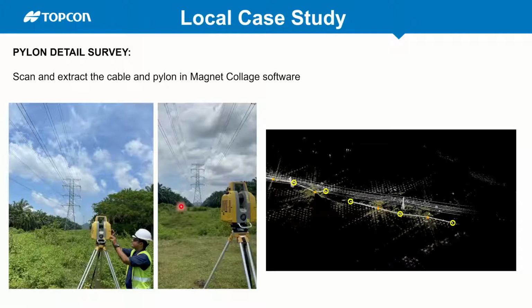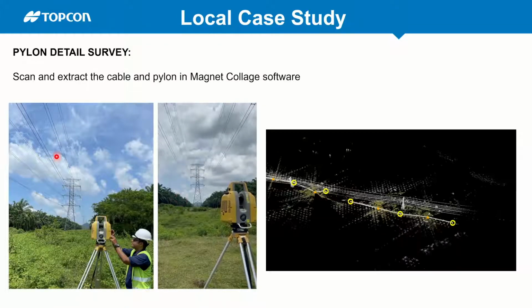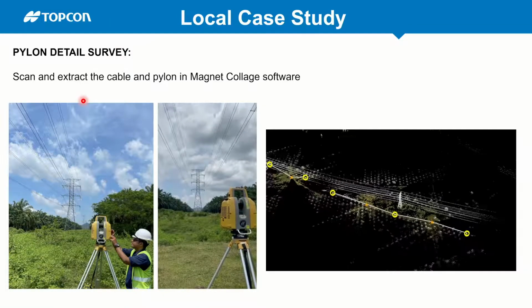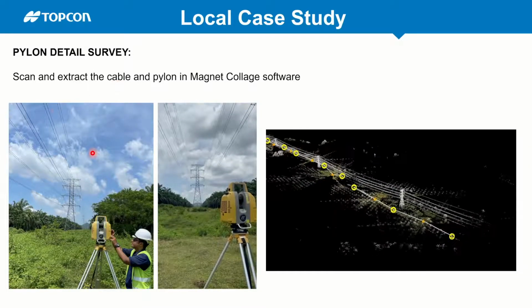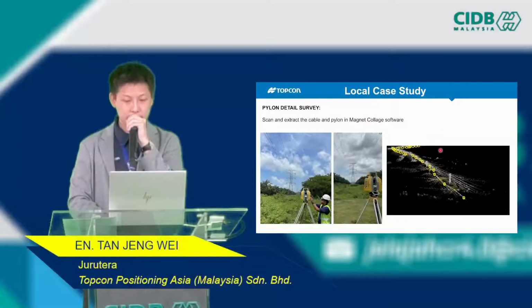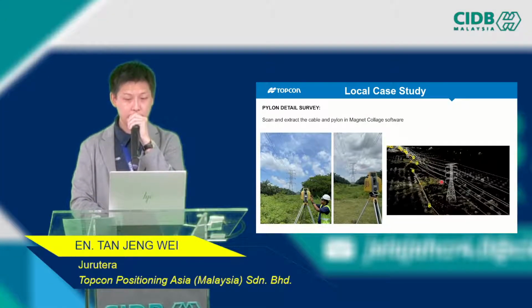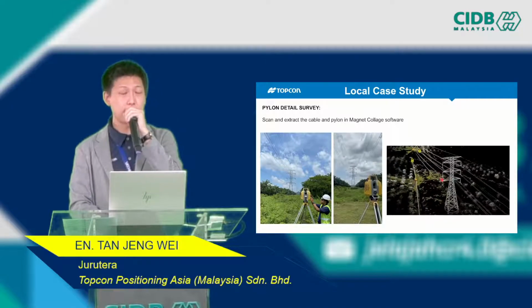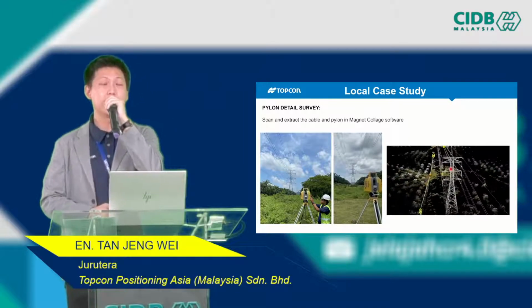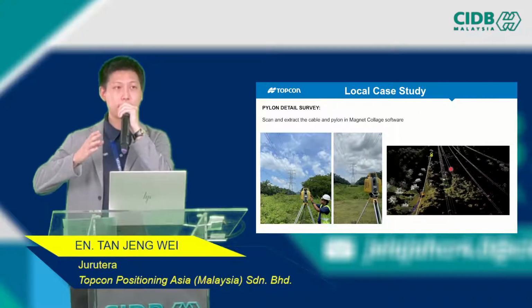All right. So the next example will be the pylon detail survey. We use the scanner and we do the collection. We capture the data. If you look at this video, it can achieve up to 500 meters in vertical for scanning.